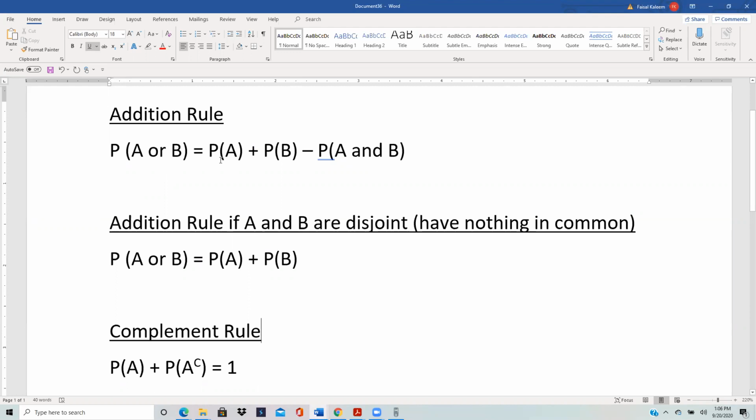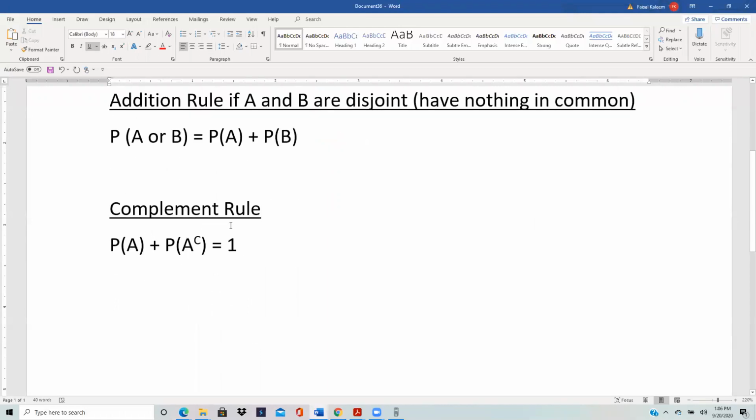And the rule says that the probability of A or B equals probability of A plus probability of B minus probability of A and B. So that's the general addition rule. But if A and B are disjoint or have nothing in common, then this part goes away and we just have P(A or B) equals P(A) plus P(B).